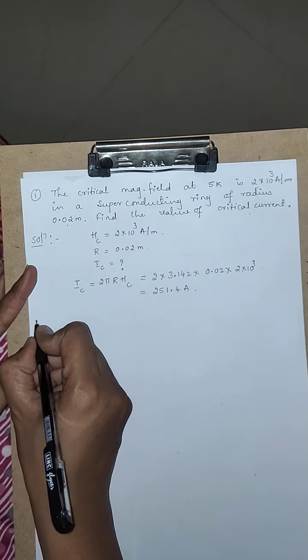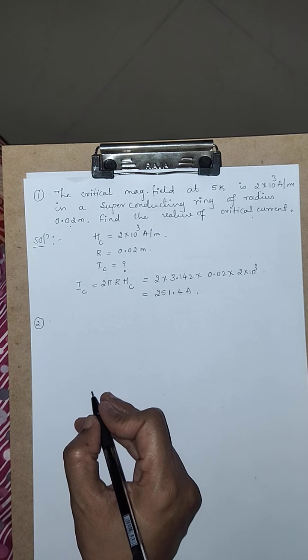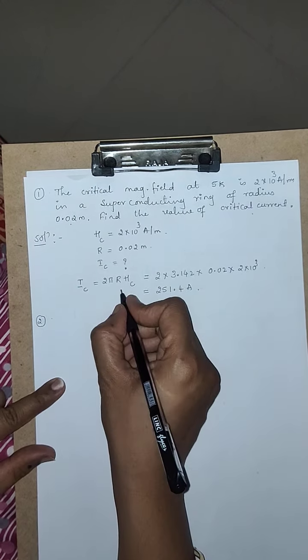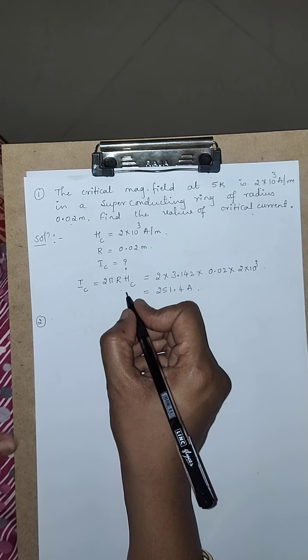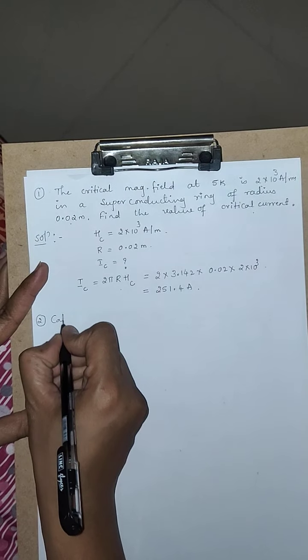This is the simplest numerical. Let's see one more numerical, a little bit complicated, where we are going to use this equation and also the equation which we have taken in the previous video. So let's write down the problem first.